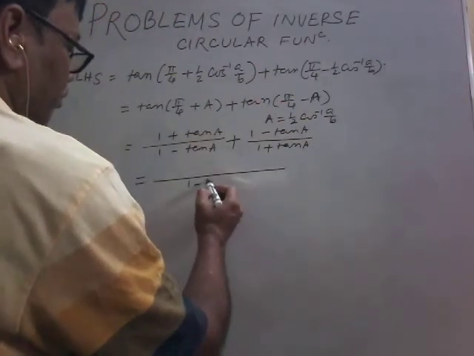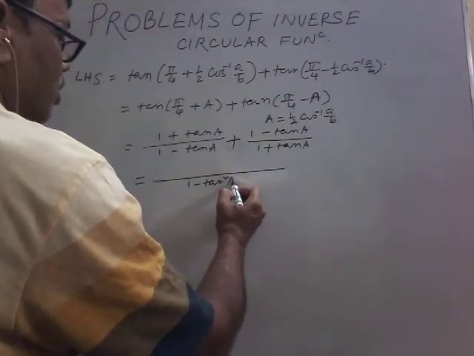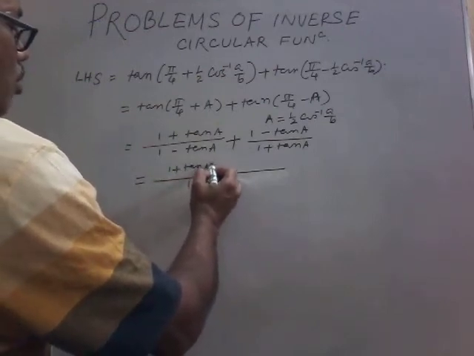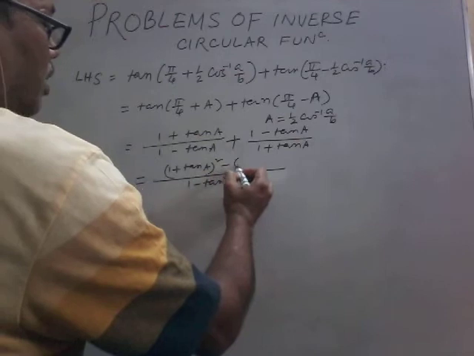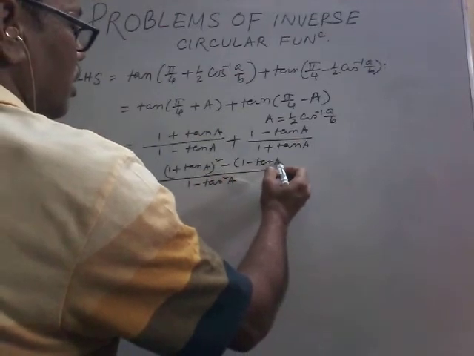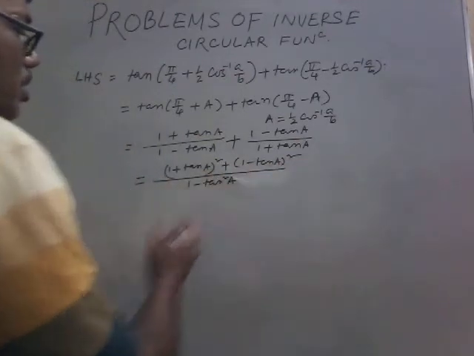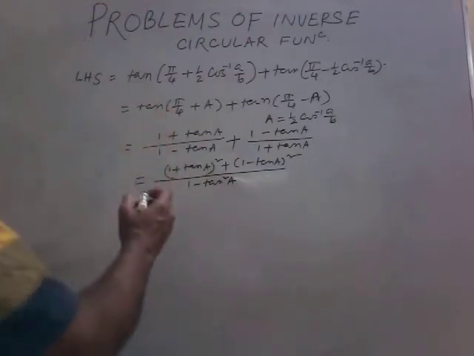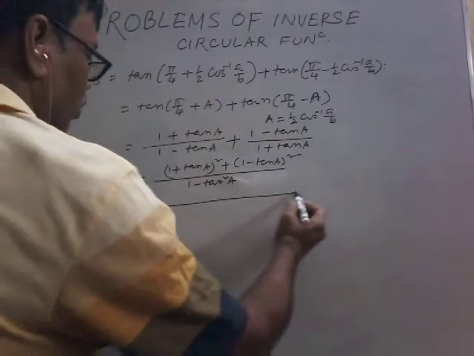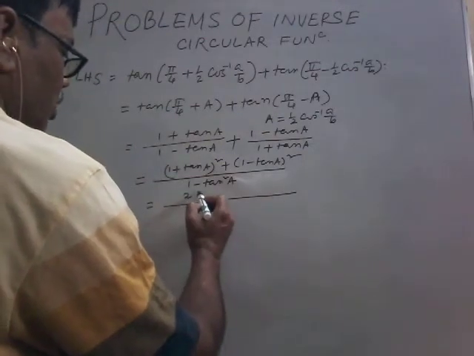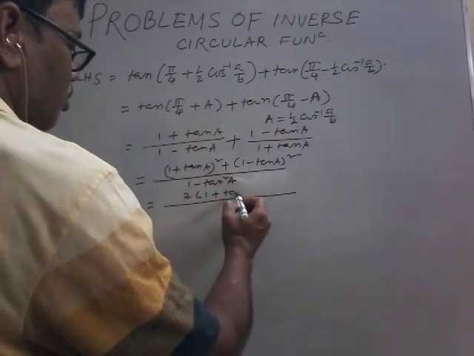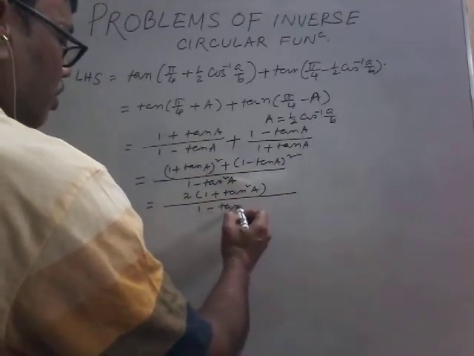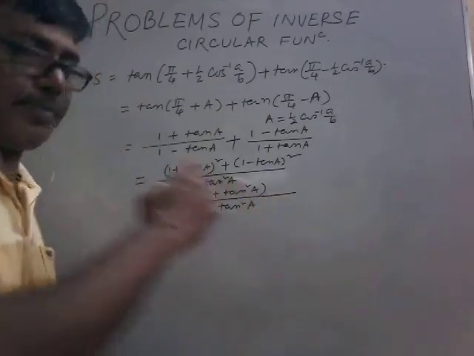Now take LCM: 1 minus tan square A in the denominator, and the numerator is (1 plus tan A) whole square plus (1 minus tan A) whole square. So the formula gives 2 into (1 plus tan square A) by (1 minus tan square A).